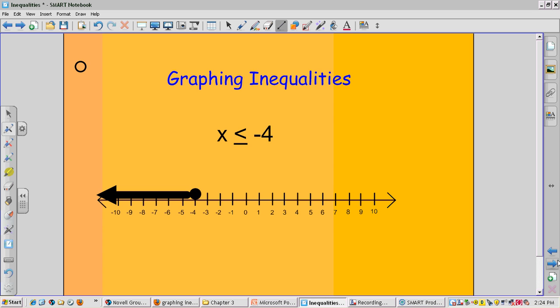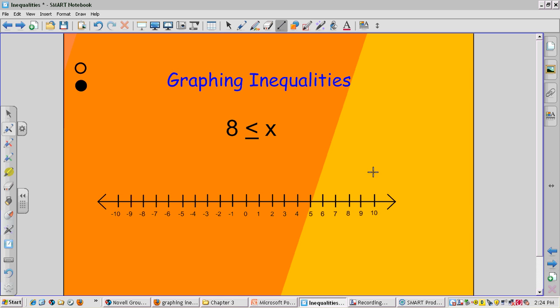So there's one last situation. What happens when the variable is on the right-hand side, as it well might be? That really makes it different, because when we're reading, we really read from the letter side to the number side.